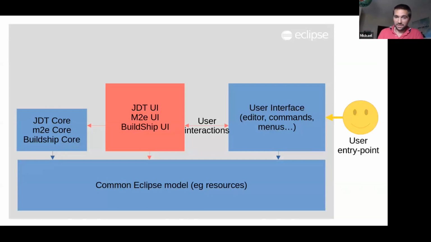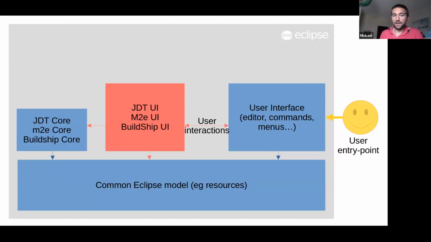We have Eclipse IDE, of course, which provides a common model for many things. The most important one here would be resources, for example, the state of files, the state of documents, and so on. And we have the JDT, M2E, and Buildship core parts, which manipulate this model to compute the language logic and the build tools logic.